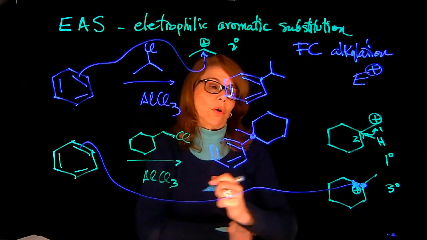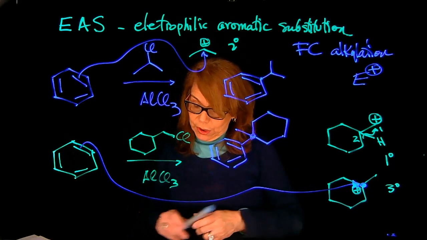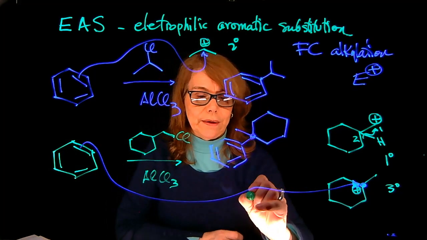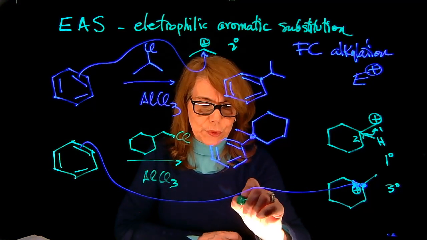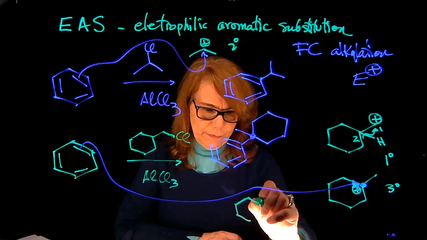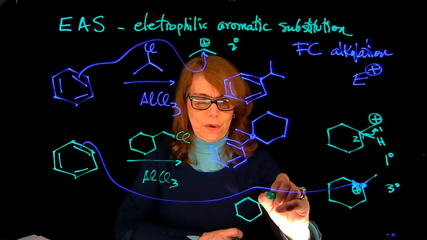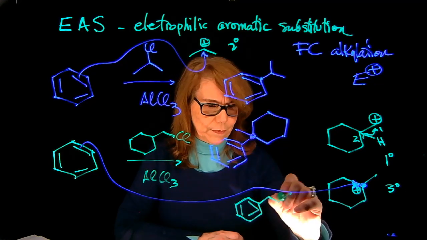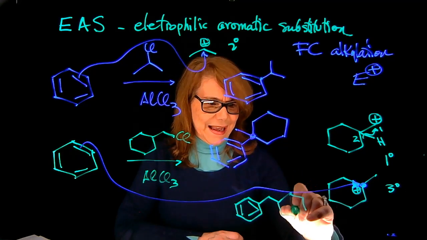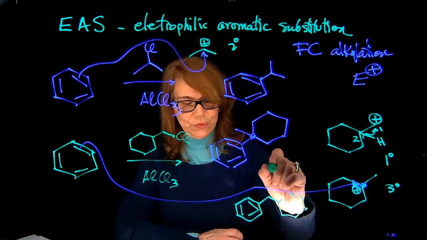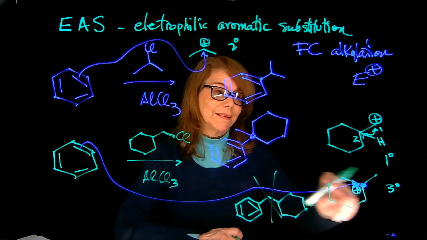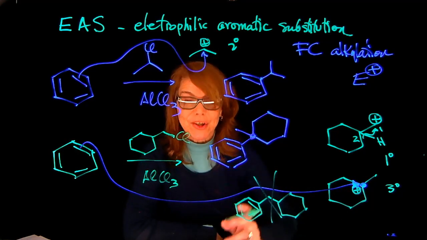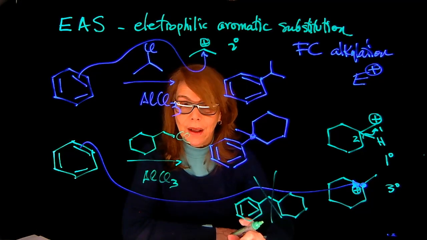So you would not get the product directly from that, which would be this, the new phenyl. That is not formed, because the carbocation will rearrange into a more stable one.